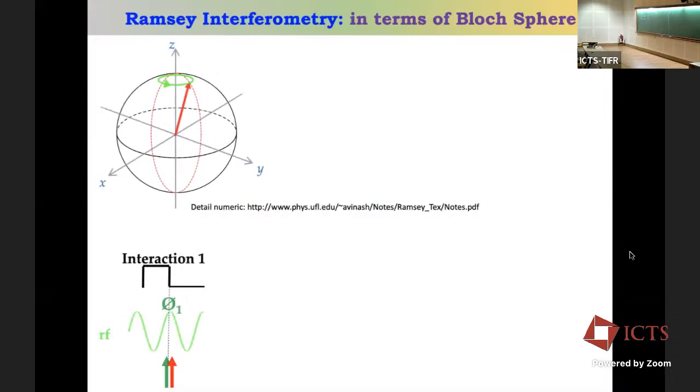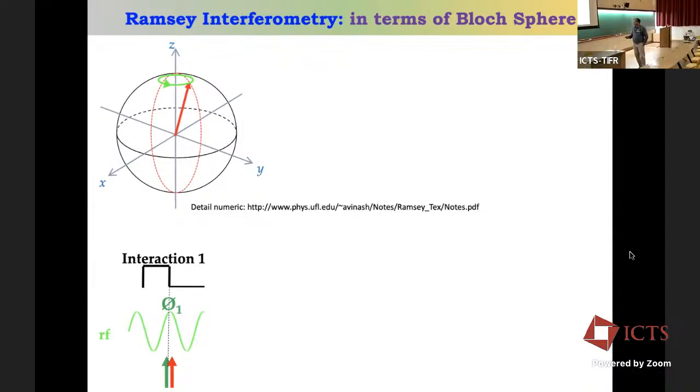Okay. Now let's try to understand how this interference effect works for Ramsey spectroscopy. I have told you already about the Bloch sphere concept, and that's the reason I was telling you about the Bloch sphere, because I am going to use it here. So now let's say this is my first interaction zone, and the atoms are interacting with the microwave field over this small interaction period. What will happen at the end of the interaction?